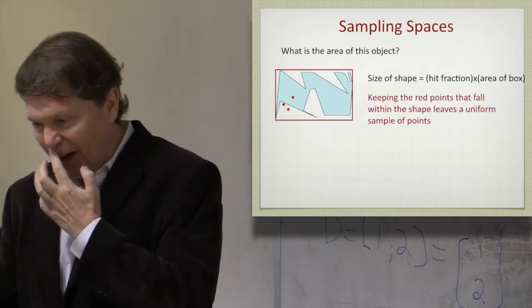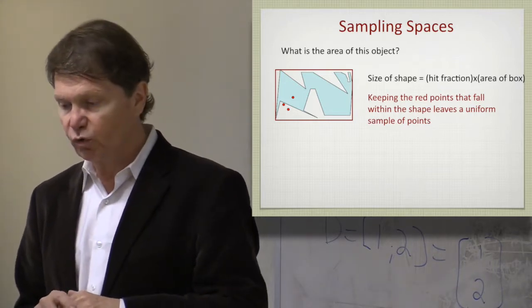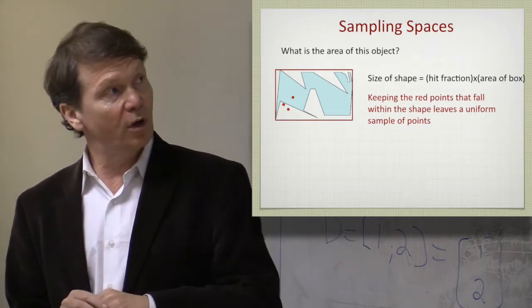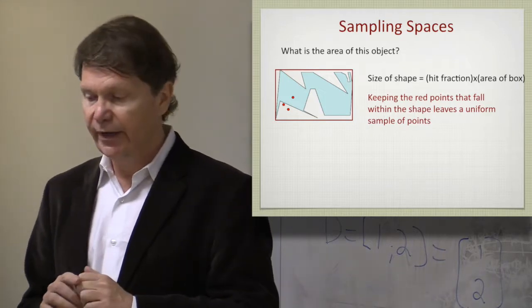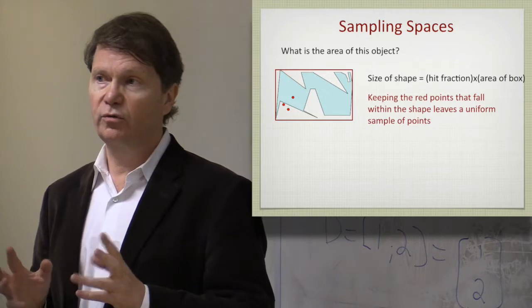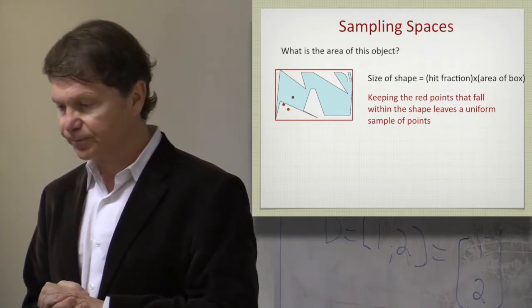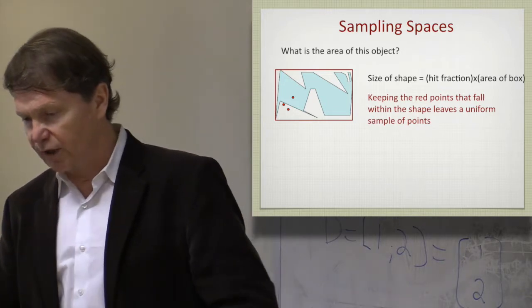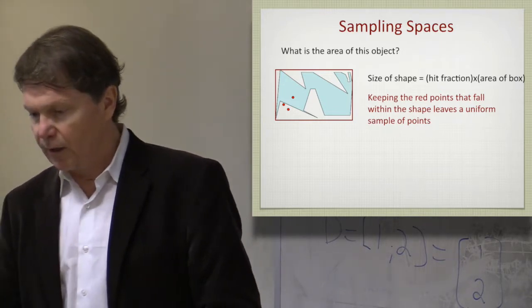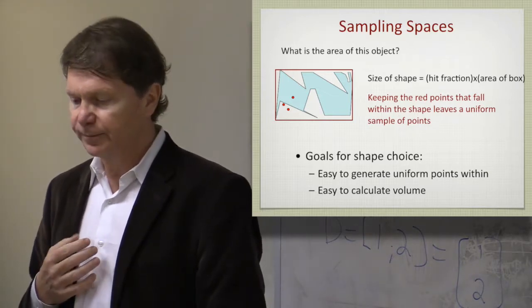Okay, so basically, to get the size of this odd-shaped blue area, you take the area of the box that you put it into, get the hit fraction of the points, multiply the 2 together, and you have your area. So you keep those points. So where does this leave us?